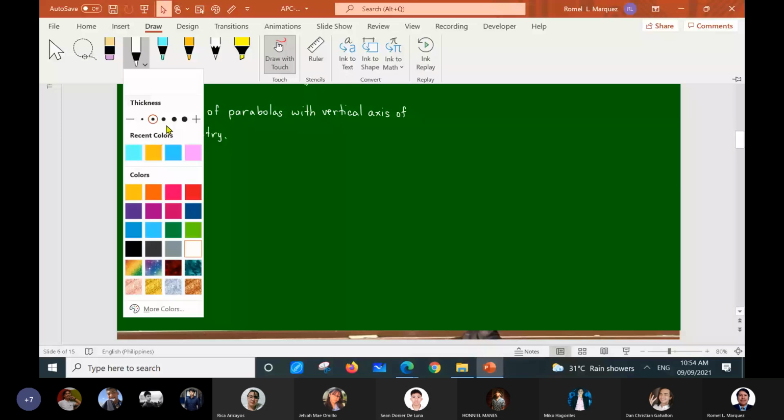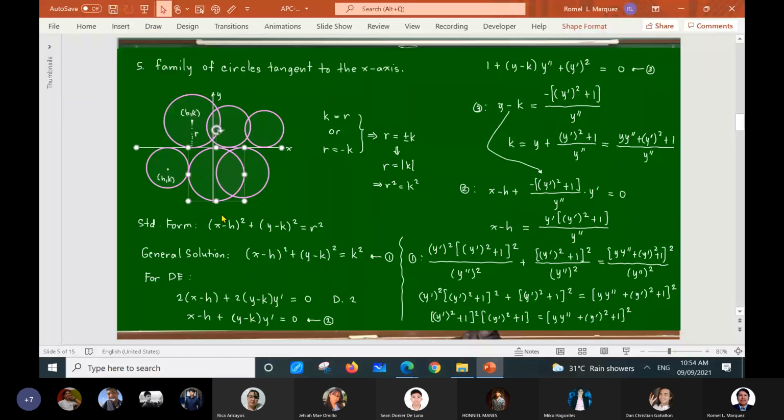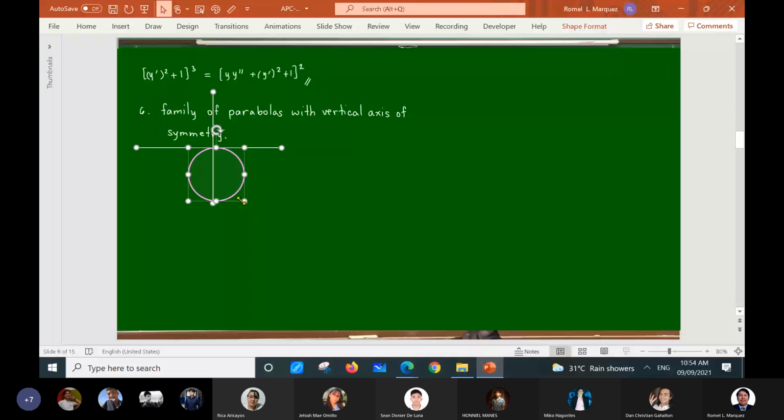Opening up. Vertical axis of symmetry. Parabolas with vertical axis of symmetry.